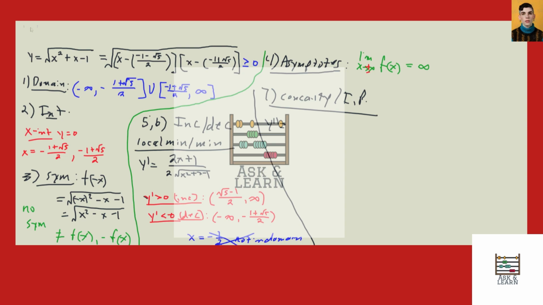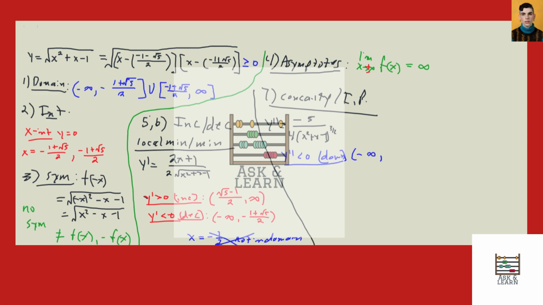All right, so let's go ahead and write all that over here now. Our second derivative was -5 over 4 times (x squared plus x minus 1) to the 3/2 power. And just like we said before, y double prime will be strictly less than 0, or concave down, on our entire domain excluding the endpoints.